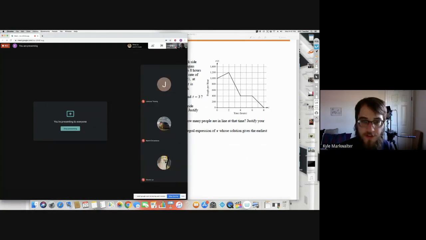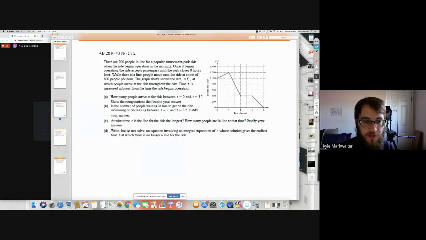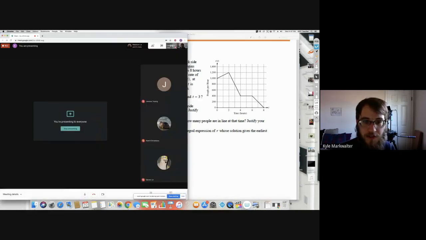All right. Having read through the question, knowing this is a rate in, rate out situation, it kind of makes sense. We're given something about 700 people in line, 800 people move out of line. R of t is the people moving into the line.